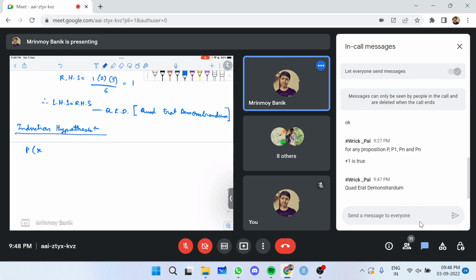So this basically stands for proved. So let me write it in quotes. Okay. So assume Pn is true, to show Pn plus 1 is also true.